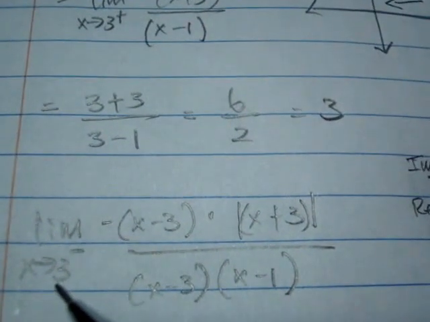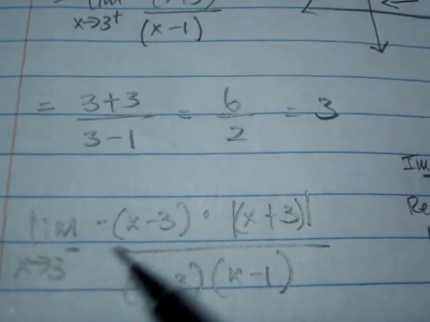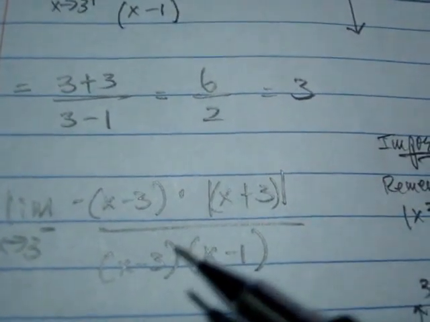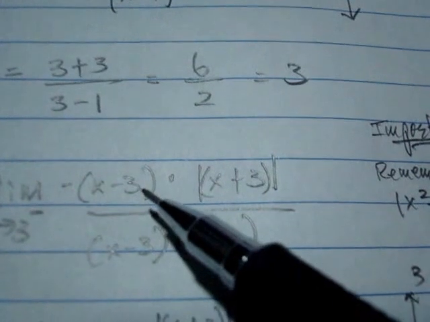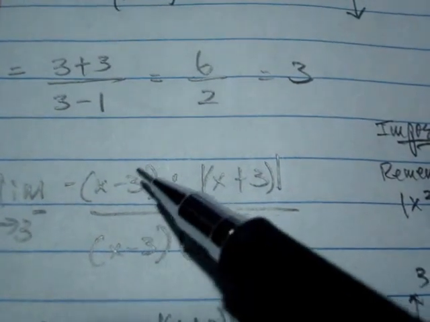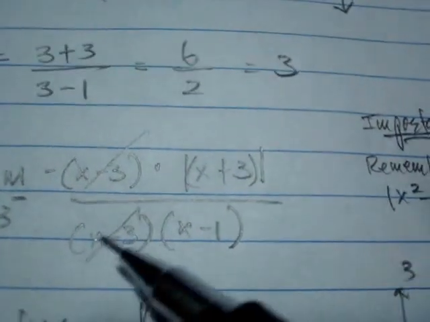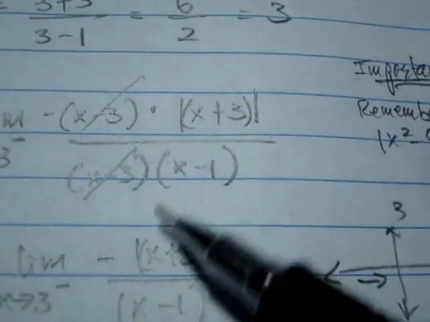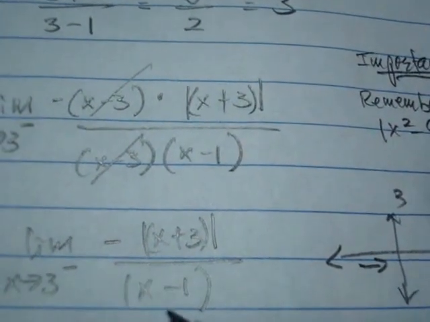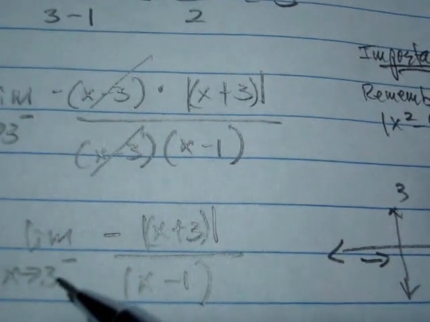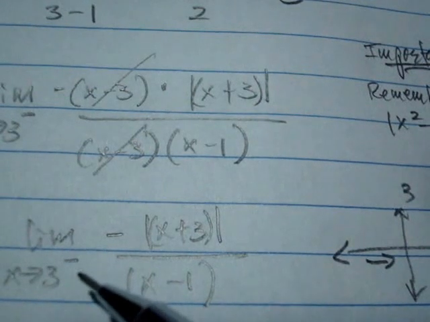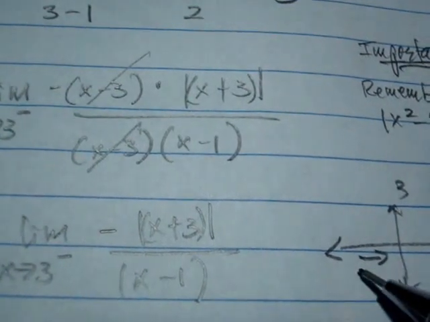As you take the limit as x approaches 3 from the negative side for the numerator and the denominator, you notice that the x minus 3 and the x minus 3 here can be cancelled out. So you're left with this expression. Once you're left with this expression, you can take the limit as x approaches 3 from the negative side, which means on the left-hand side.